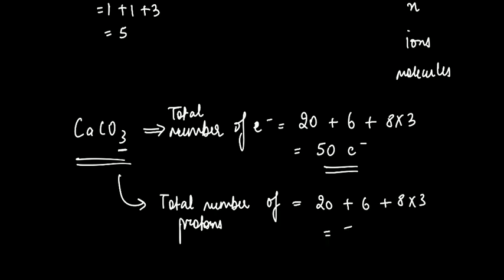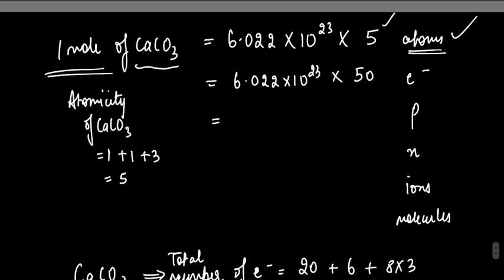Into 3, it will give you the same number, 50 protons. So we'll come back, same number, 6.022 into 10 to the power 23 into 50. I'm not multiplying this entire into one number, because I want you to understand the concept. Once we do the numericals, then we will get to the one particular value.